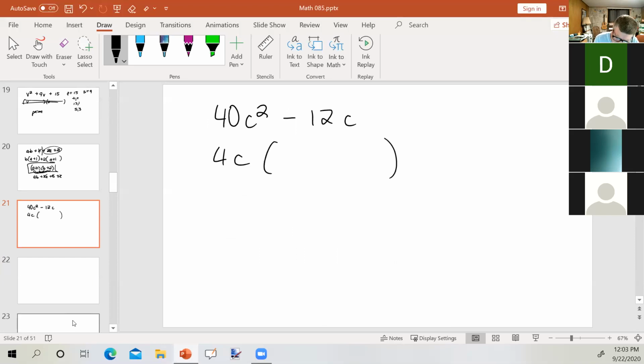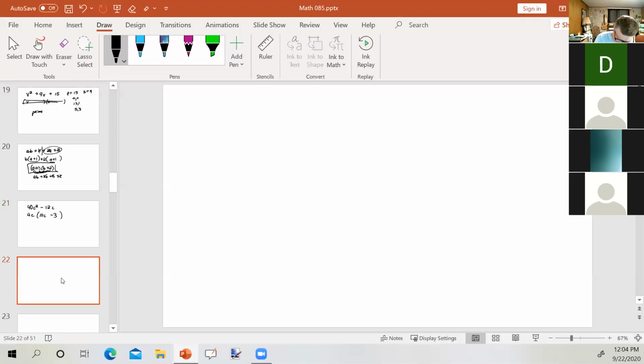If we take 4c out, we'd have 10c minus 3 left over. Can we take anything out of 10c minus 3? No. So this is correct. Good job. So all we could do there was take out the greatest common factor. Okay. We good to go on? Take that as a yes.